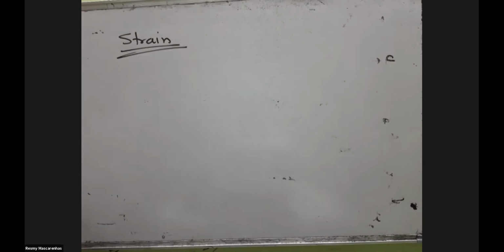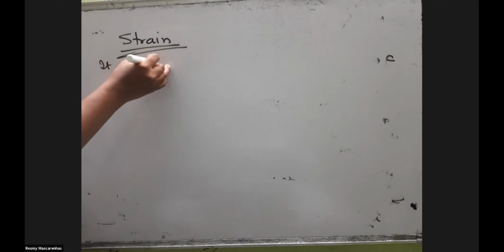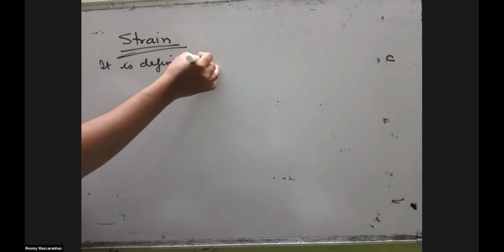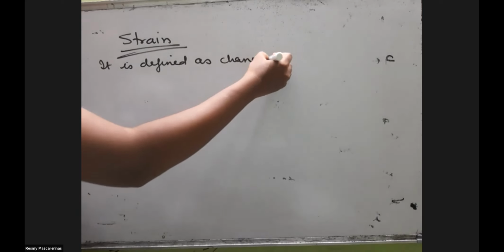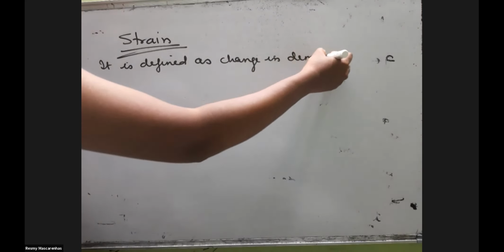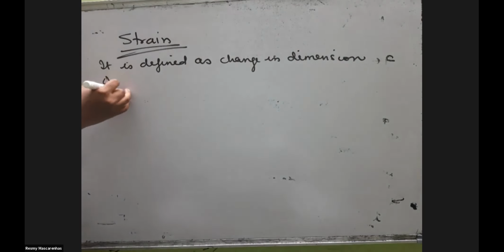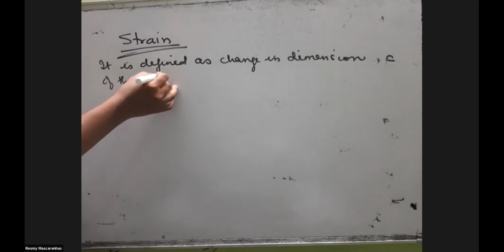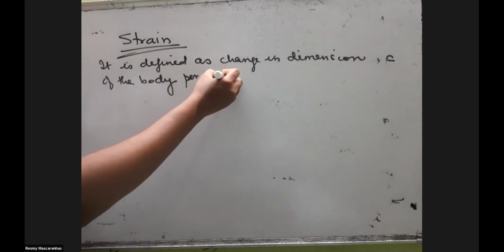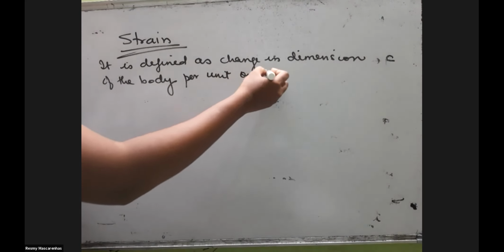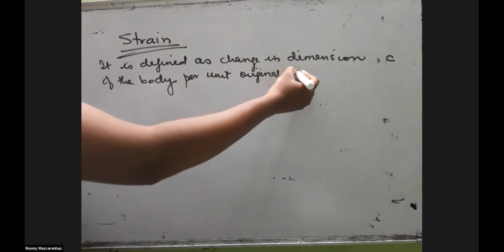So what is strain? It is defined as change in dimension of the body per unit original dimension.